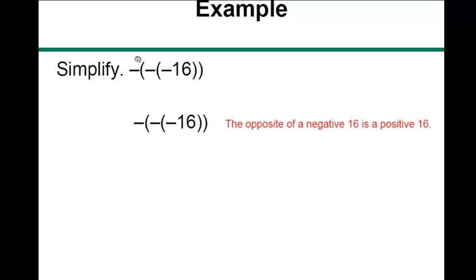Okay, I start out with this big long -16. These two negatives right here mean the opposite of a -16. Well, what is the opposite of a -16? It's a +16, correct? So I would still have this negative sign on the outside.